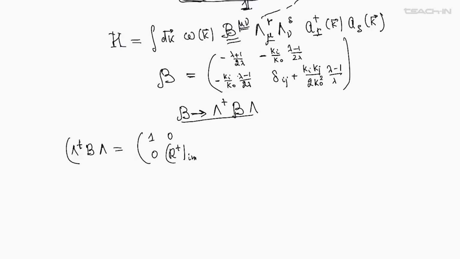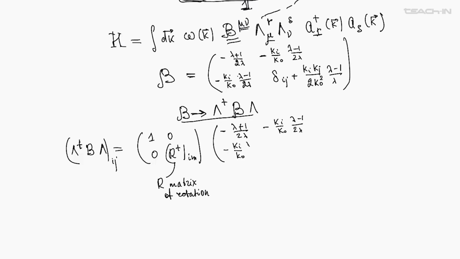This is a matrix of Lorentz transformation which is in fact just a rotation, and rotation is a 3 by 3 matrix R. Then there is the matrix B: minus lambda plus 1 divided by 2 lambda, minus k_i over k_0 times (lambda minus 1) divided by 2 lambda, and here delta_ij plus k_i k_j over 2 k_0 squared times (lambda minus 1 over lambda).